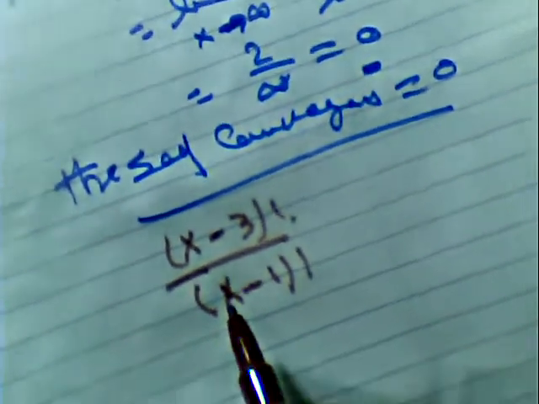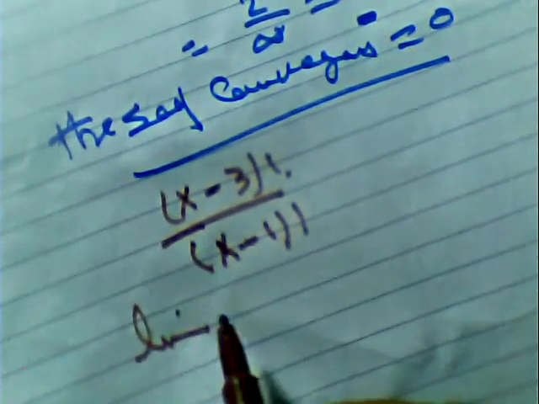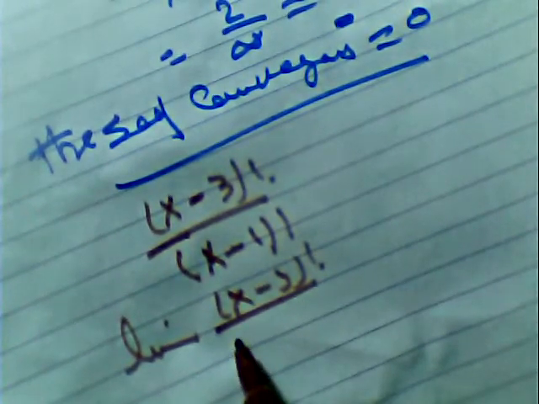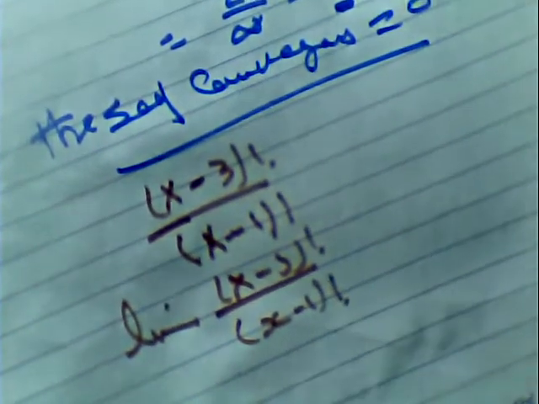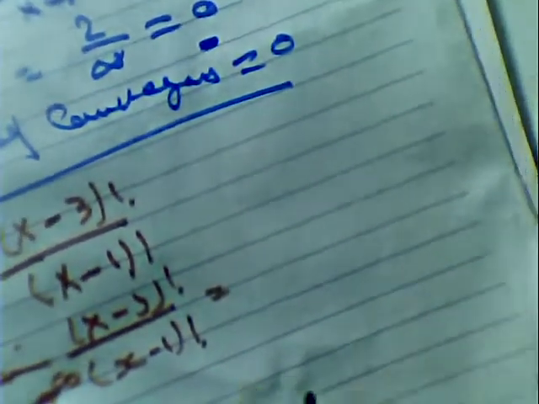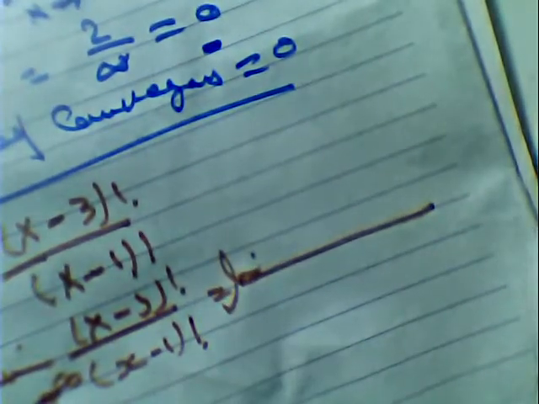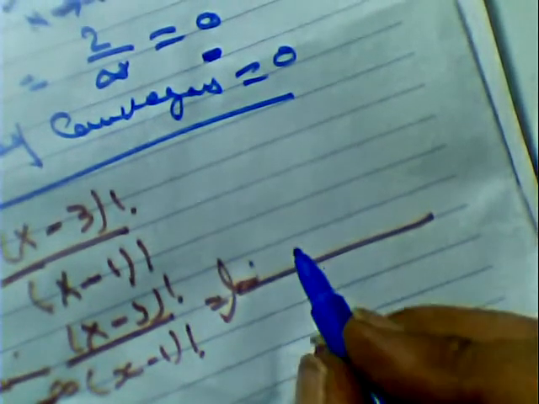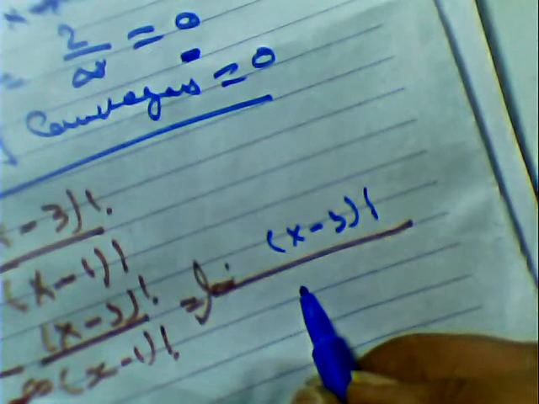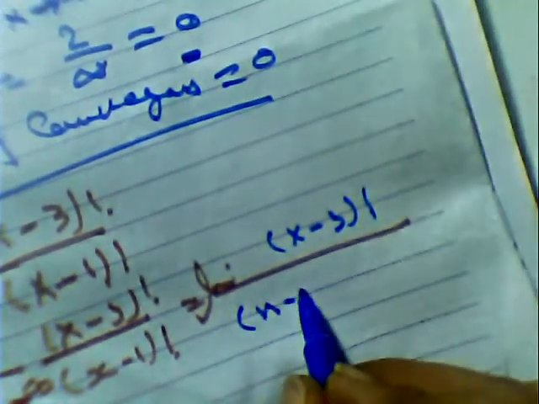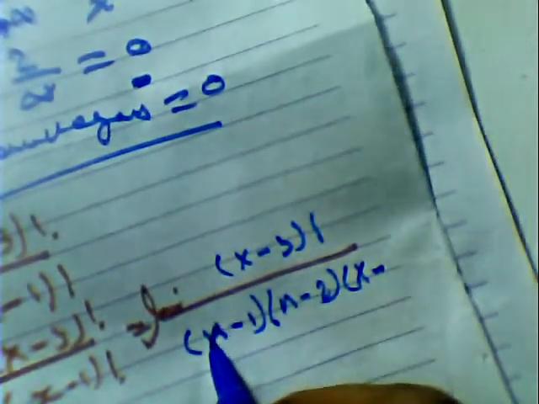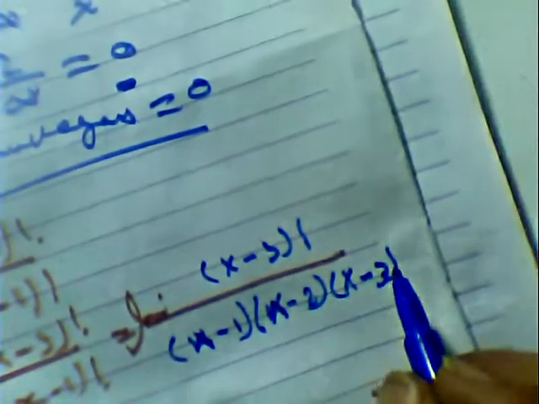Then how can we get the limit as x goes to infinity? We can solve this. The limit equals the limit of x minus 3 factorial over x minus 1 times x minus 2 times x minus 3 factorial.